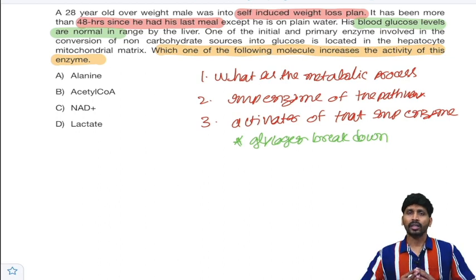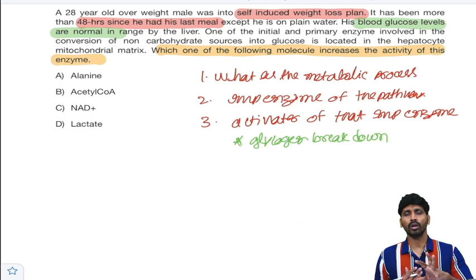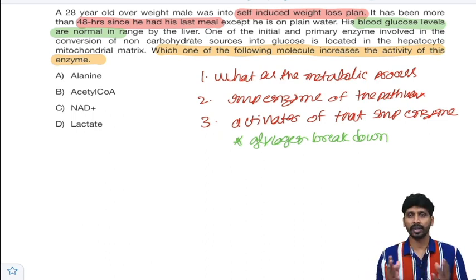But whatever amount of glycogen is stored in liver and muscle will supply you up to 40 hours. But in our case, the person is without food for more than 48 hours. So what to do above 40 hours?